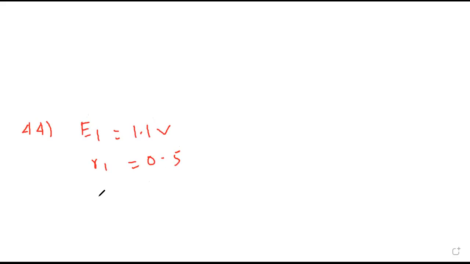The EMF balances against 220 centimeter on drawing current X from the cell. When it draws the current, that balancing length reduces to 200 centimeter. Then what is the value of current X?